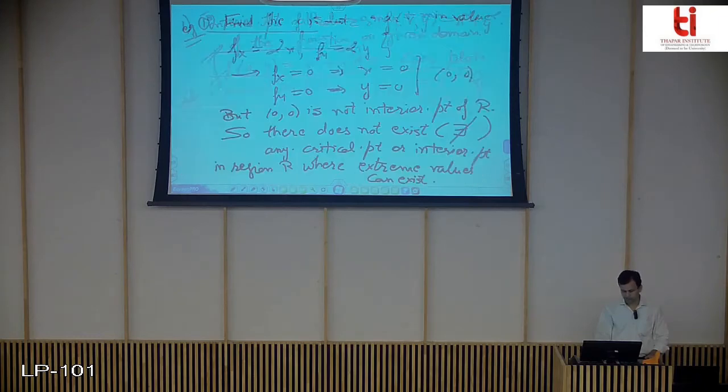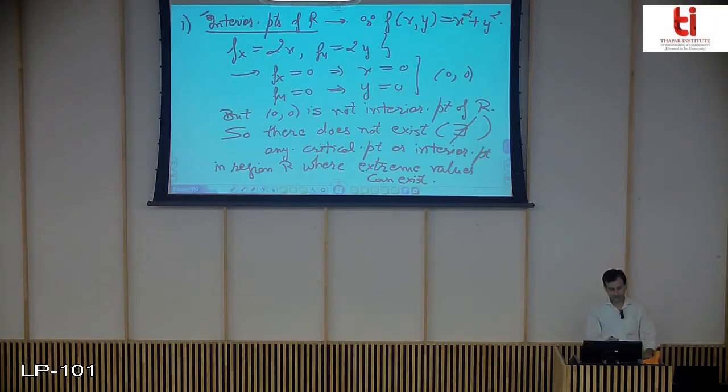So we find the interior points. We take the partial derivatives equal to 0 simultaneously, and we get the point (0,0), but it is not an interior point, it is an endpoint. So there is no interior point in region R where the function f(x,y) has a maximum or minimum.